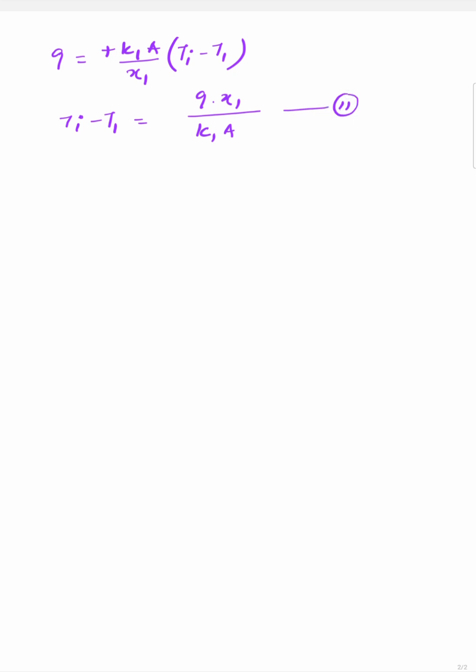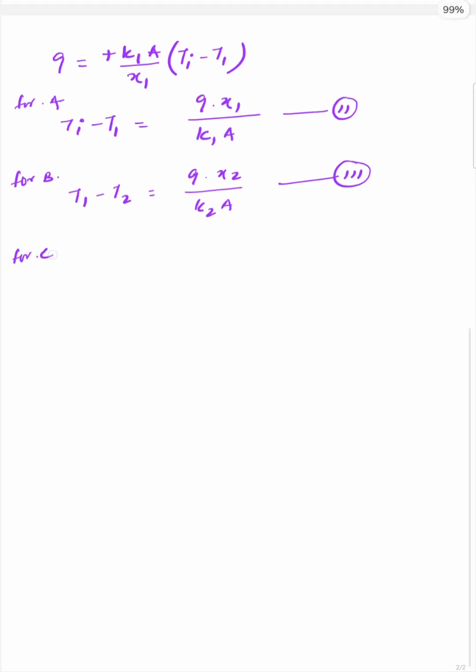Similarly, for the B layer, we can write the equation and arrange: T1 minus T2 is equal to Q dot x2 by k2 A. This is equation number 3. And for C, T2 minus To is equal to Q dot x3 by k3 A. This is equation number 4.